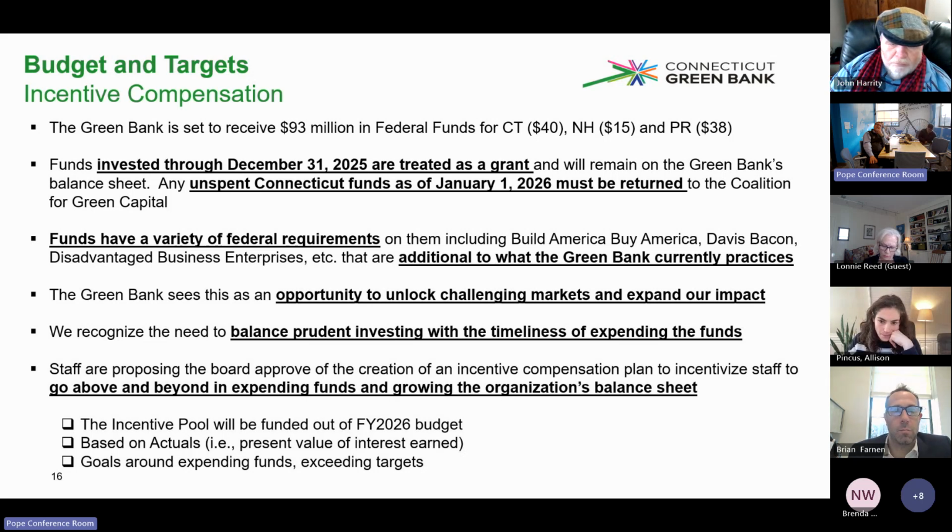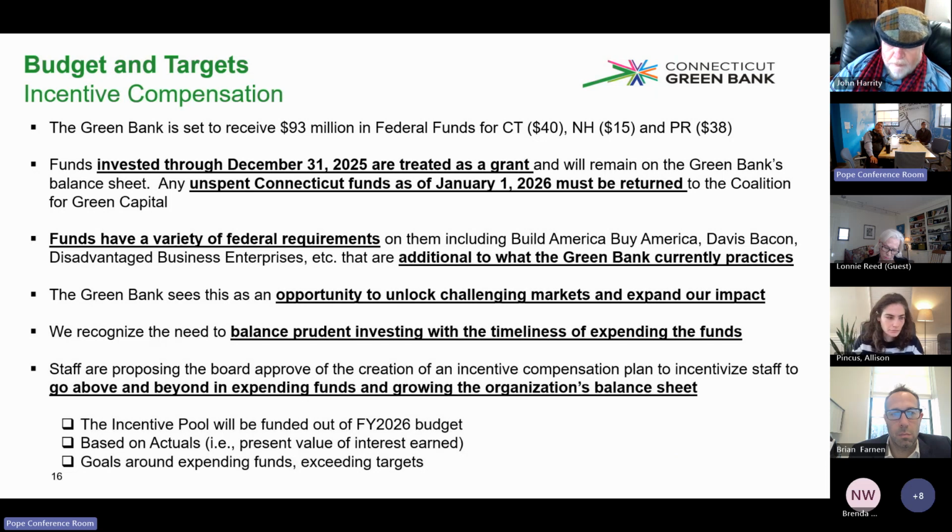We are responsible for using these funds towards Connecticut, $40 million, New Hampshire, $15 million, and Puerto Rico, $38 million.